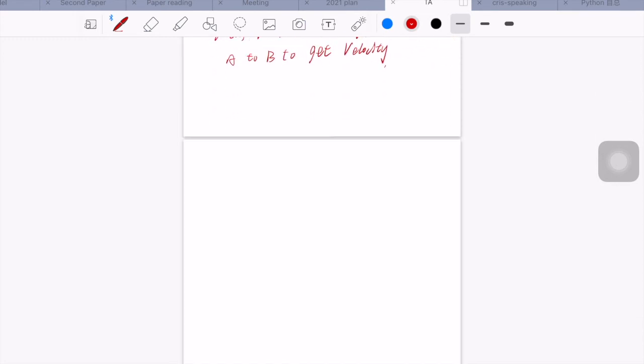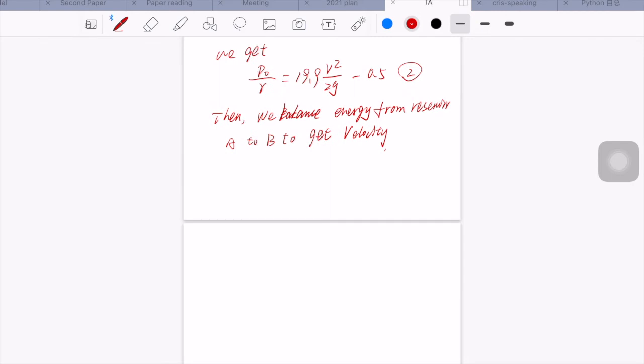So the equation is HA plus PA divided by gamma plus VA squared divided by 2G equals HB plus PB divided by gamma plus VB squared divided by 2G plus the head loss. We know VA equals VB, and PB is 0, right? And we know PA equals P0.